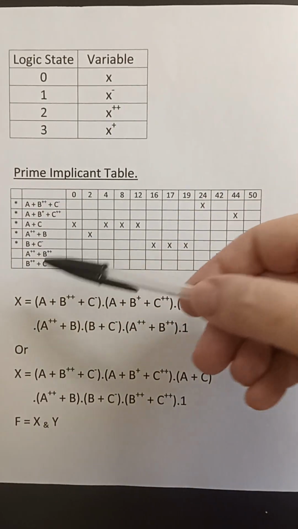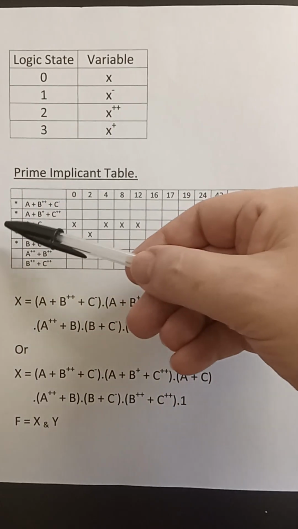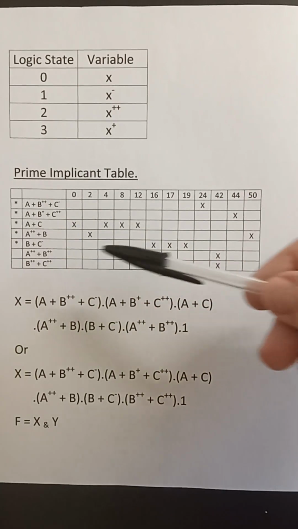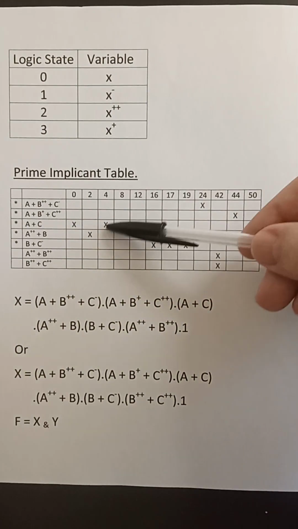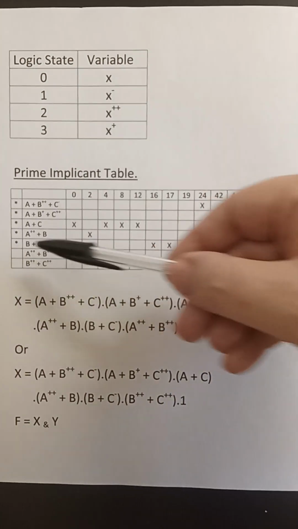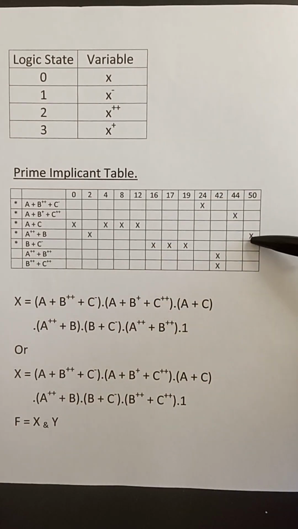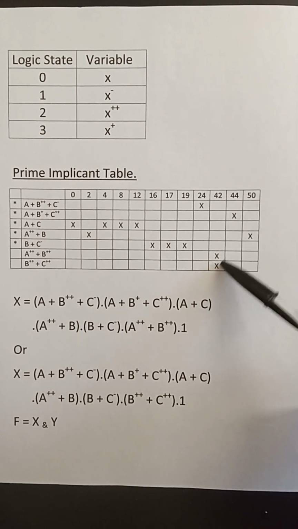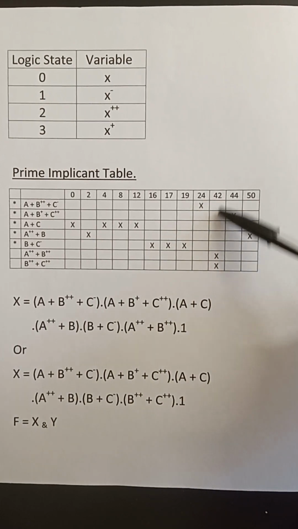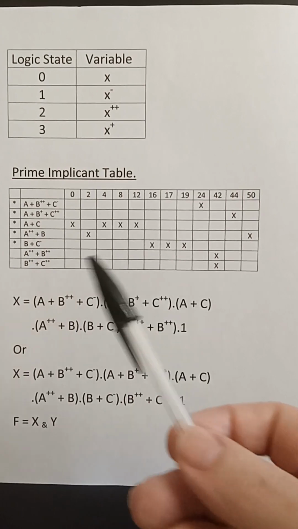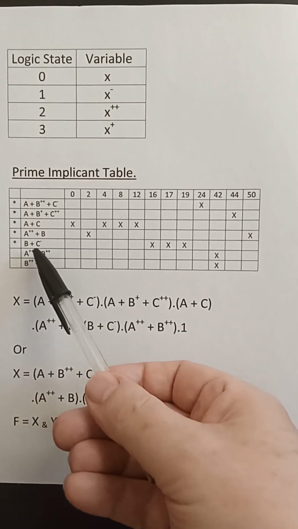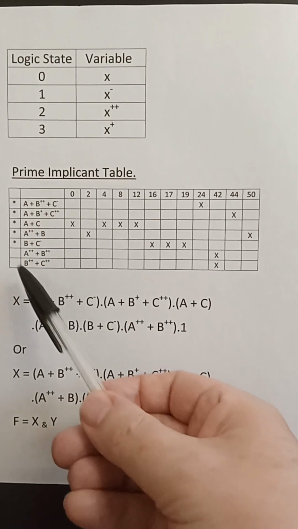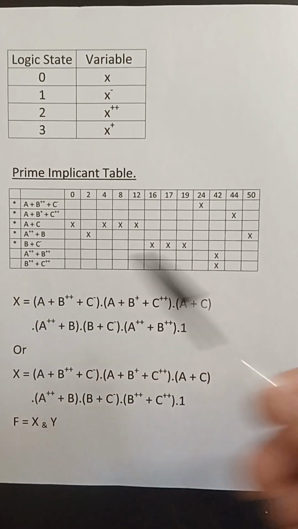An essential prime implicant has an x in one column only. So you can see here, that's an essential prime implicant, and there. But here, you have a choice. You can either use A plus plus max B plus plus or B plus plus max C plus plus.